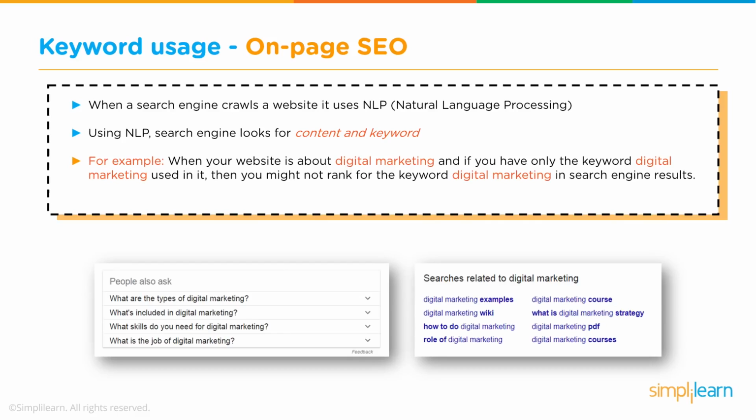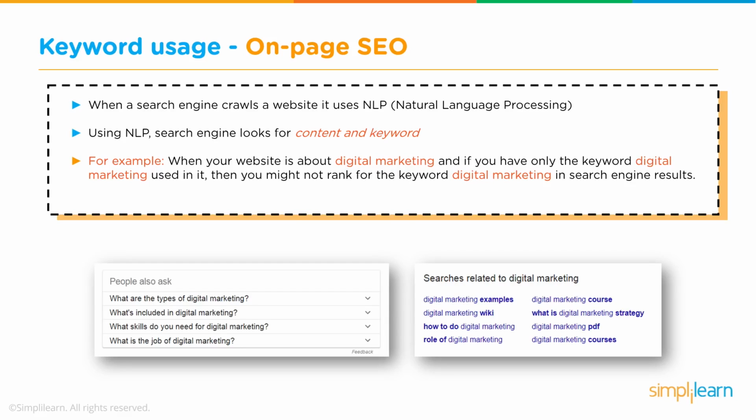So when your website is about digital marketing, you don't necessarily want to rank or try to rank for the keyword digital marketing. One, it's too broad. Two, there might be some competition. But three, you're probably not going to write something as broad like digital marketing. So ideally, what you want to do is choose other relevant, related keywords that are going to be more natural. And so that's what we mean by natural language processing.